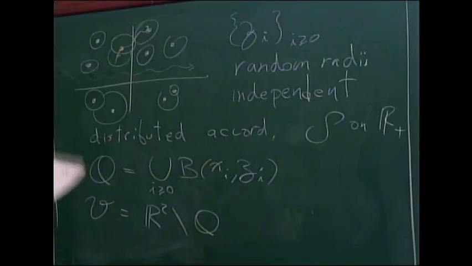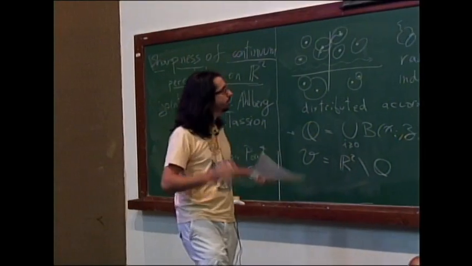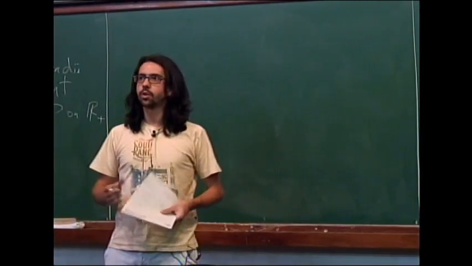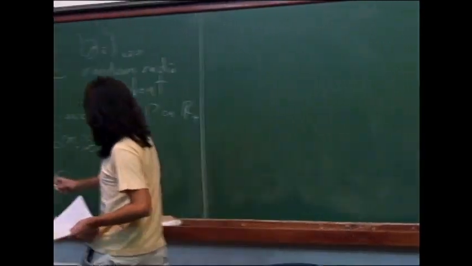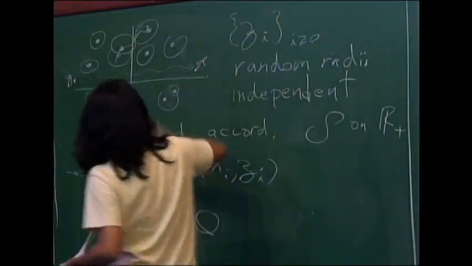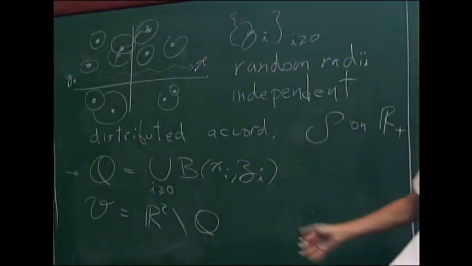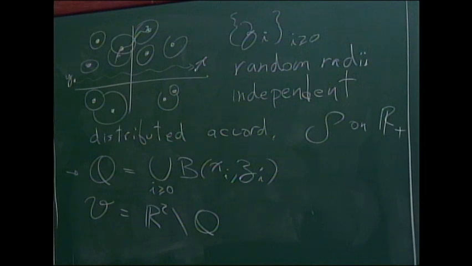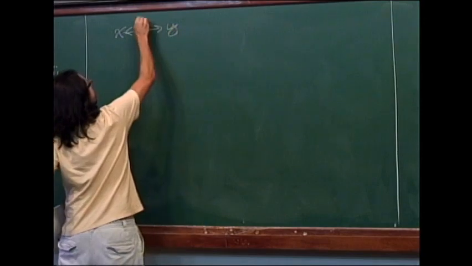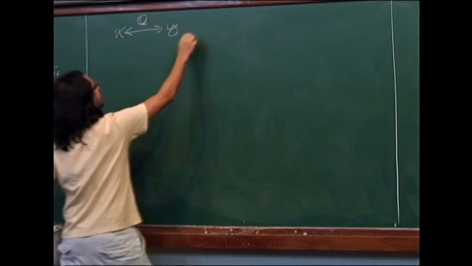So what types of questions are we interested in for this random media? We are mainly interested in static properties of connectivity. So is point X connected to point Y through either the vacant or the occupied set? We denote this event by this, and we can put occupied here to emphasize, or vacant.